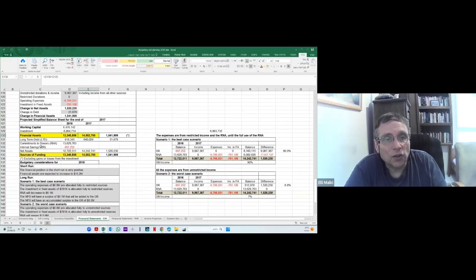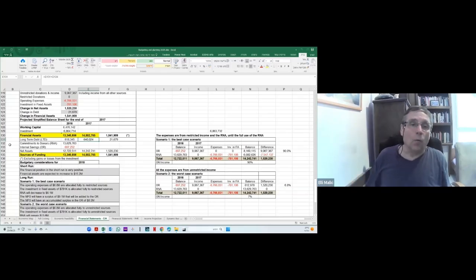Now, if we go to the sources of funding, we can also project the amount of long-term debt, because we entered here the net change of 21,000. So the long-term debt will increase by that figure, 21,679, and here we can see the change. Now, if we go to the other two sources, restricted net assets, commitment to donors, and operating reserve, the internal saving, we can tell what will be the change in the sum of these two.